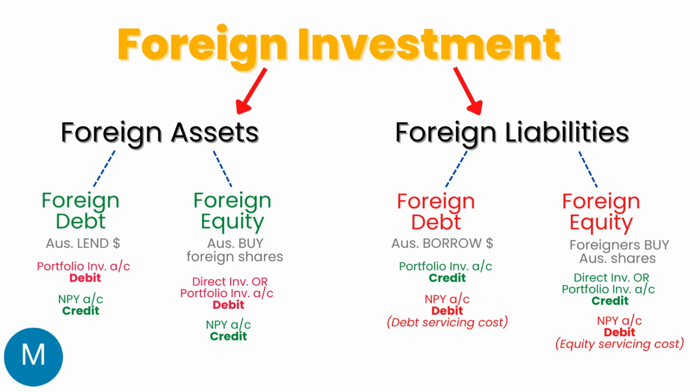The same thing, when a non-resident investor invests in Australian company shares, it will be credited into the direct investment account or portfolio investment account. In return, when they make profit or receive dividends from their share purchase, it will be debited from the MPY account as the equity servicing costs.